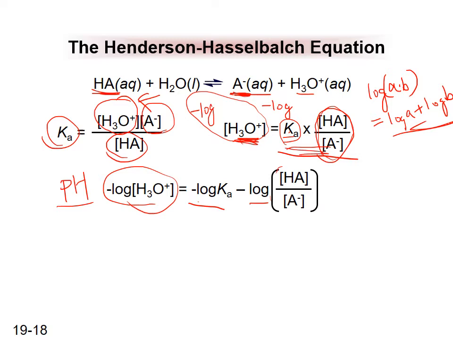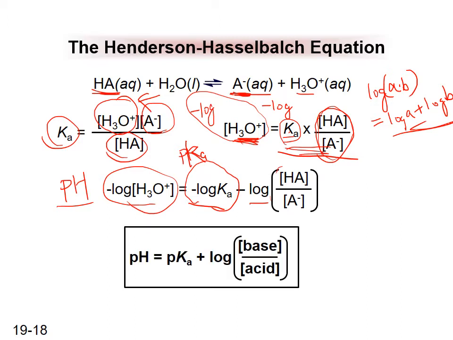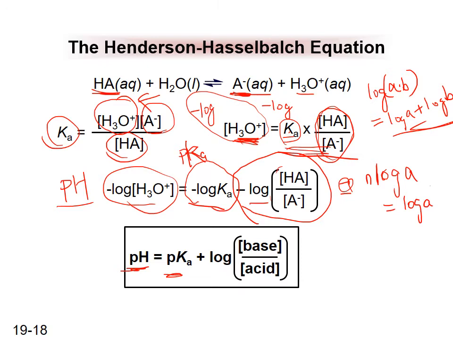Now negative log Ka is just pKa, the definition of pKa, just like pH. So we have this equation: pH is pKa minus log acid over base. Now for the last term, when you have n log a, it is log a to the nth power.